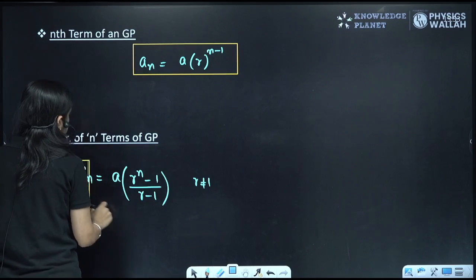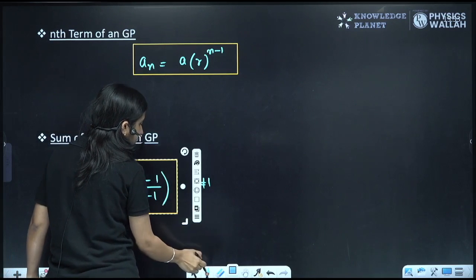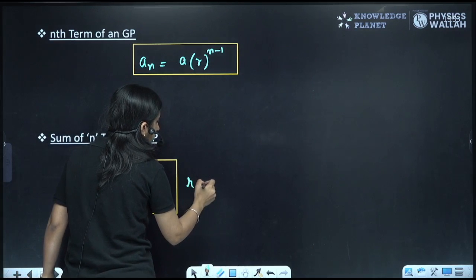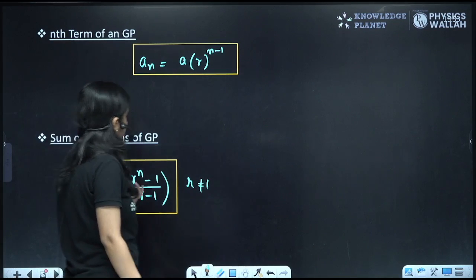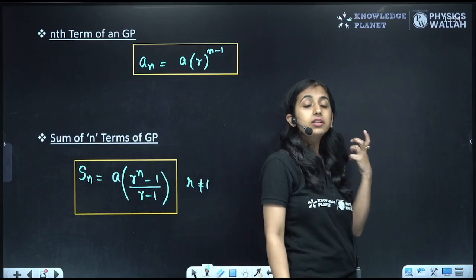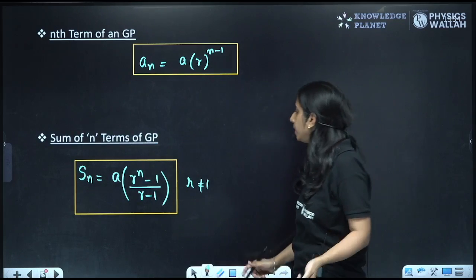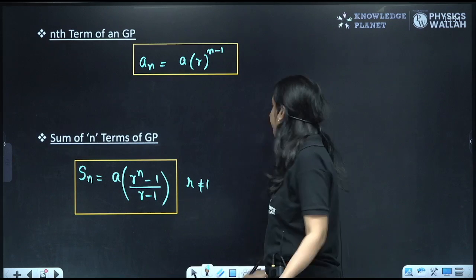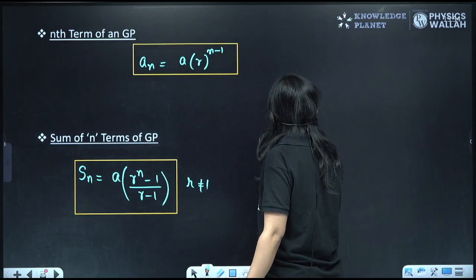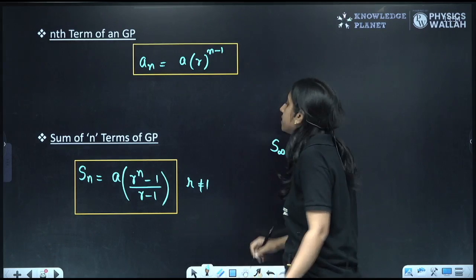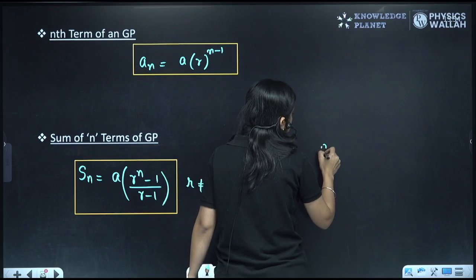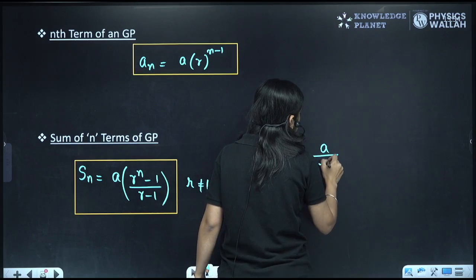Where r cannot be equal to 1, this r must not be equal to 1. So this is the sum of first n terms of a GP. Similarly, if we have a GP and I have to find the sum of infinite terms of a GP, then this is equal to a upon 1 minus r.